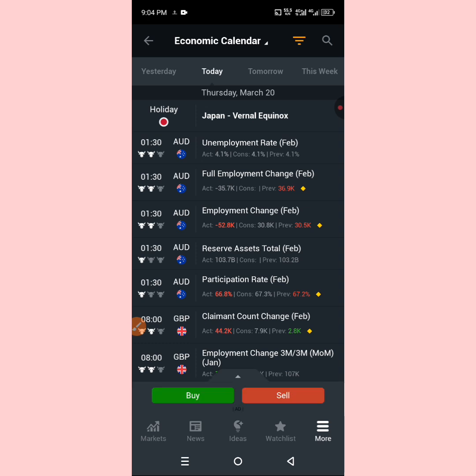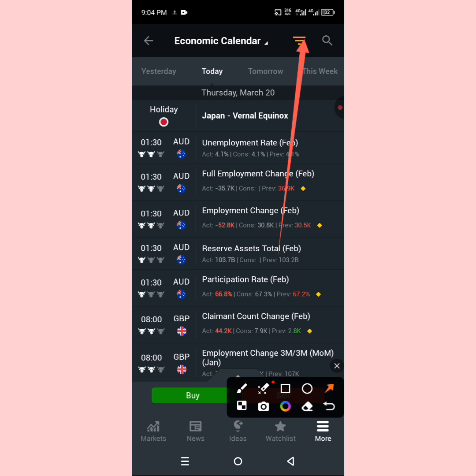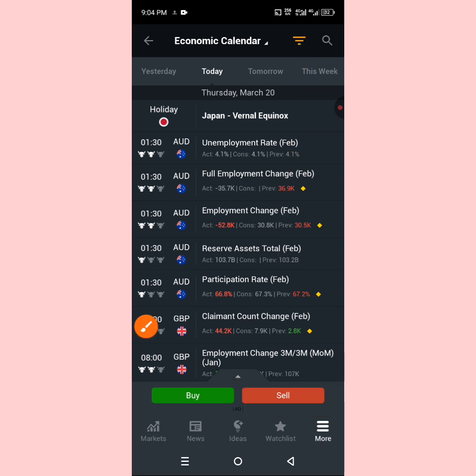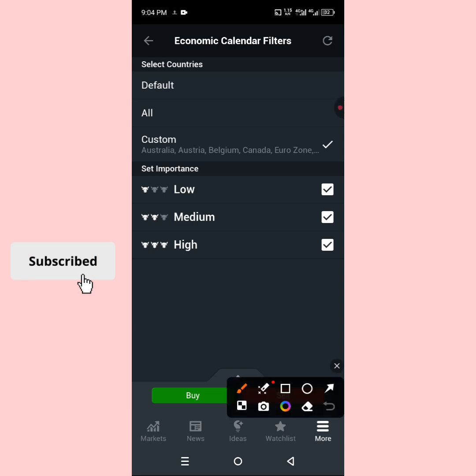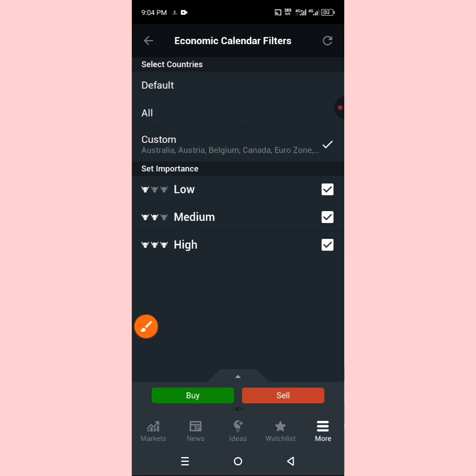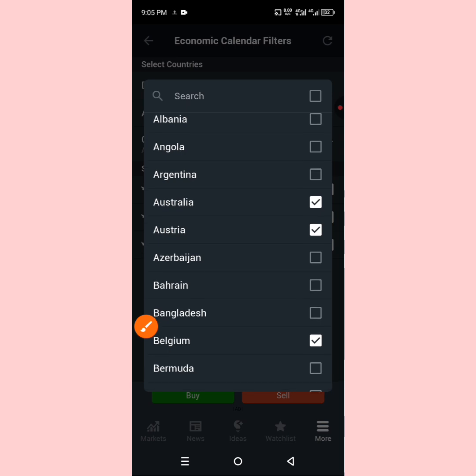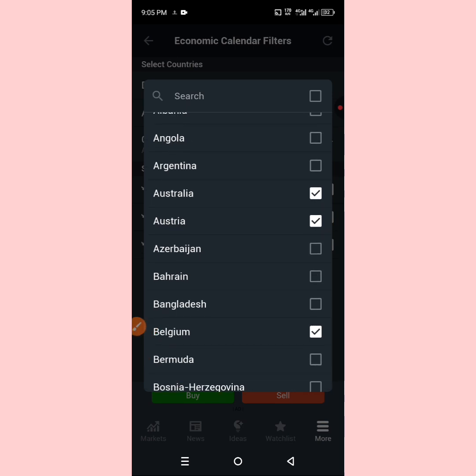So the first thing you do is go to this place right here, the thing that looks like a funnel. Once you click on it, you go here where they write custom. Once you click on custom, you pick only the countries whose news you want to trade. I don't need Austria.